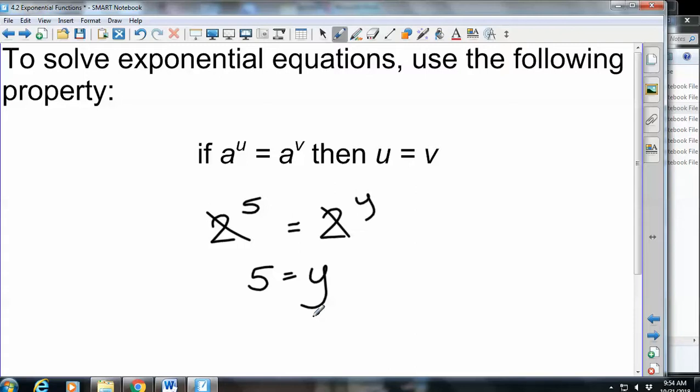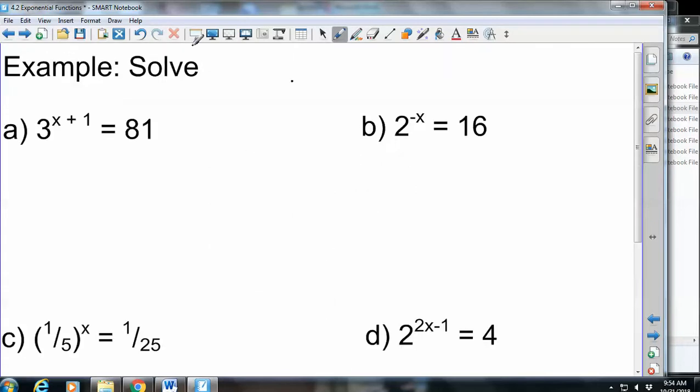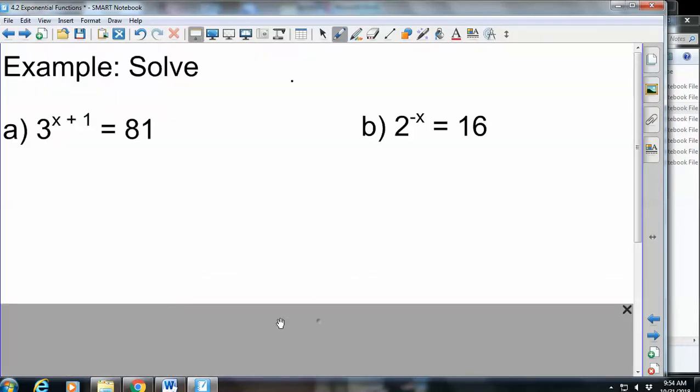Alright, so let's take a look at some problems. Okay, so these are two different numbers here. 3 to the x plus 1 power equals 81. I can't just look at this and write down an answer. So my goal is to try to get the same base on each side.